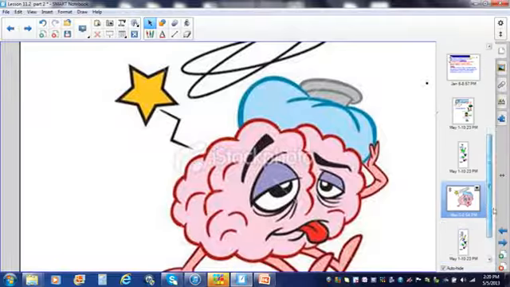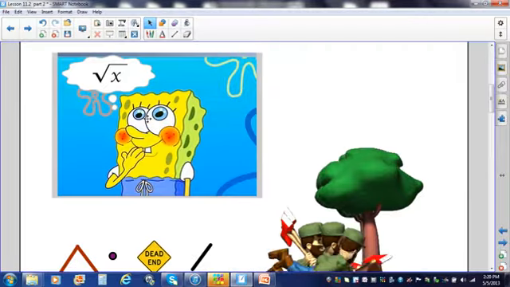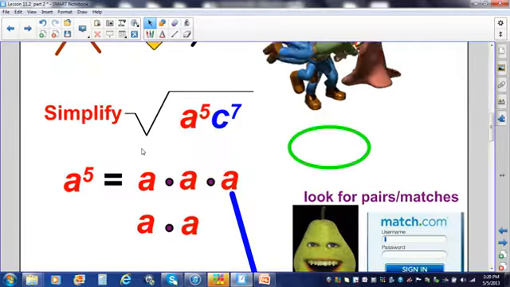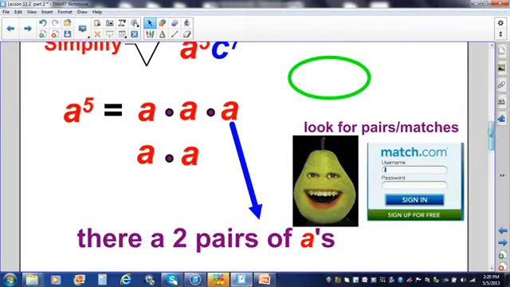Alrighty, one more example. Thank you, SpongeBob. Please write down the square root radical sign a to the 5th, c to the 7th. So what does a to the 5th mean? It means a times itself 5 times. I'm looking at pairs, matches, whatever.